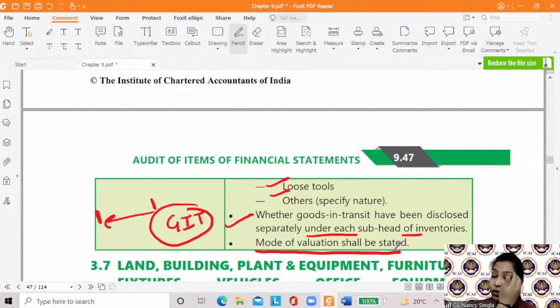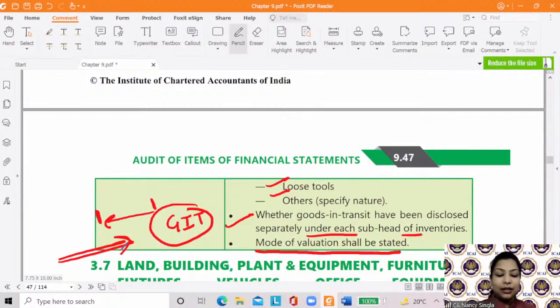So what you have to do before coming for the next session is, first of all, refer to the revision in the BOS publication that I have uploaded in the assignment part, and that is also available on your ICAI website. Secondly, till page number 47, whatever we have done, please learn that.